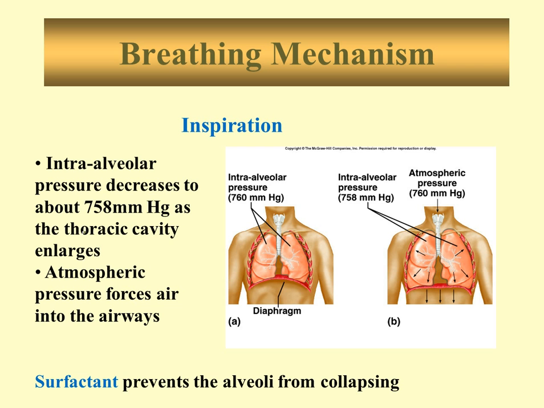Now, while this is happening, let me say something about the chemical we produce called surfactant. Now these alveoli have liquid on the surface of them, and most of our interstitial fluid is made up of water.